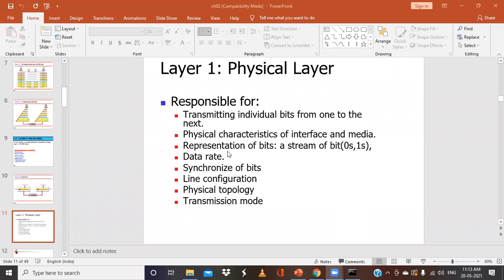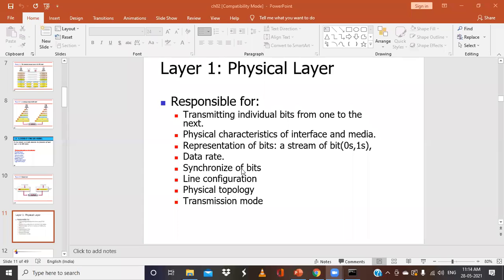Next, also about the synchronization of bits. We know that the sender and receiver are responsible for sending and receiving the bits, but there should be a proper synchronization between the two devices. Synchronization in the sense that there should be a common understanding between the two devices.